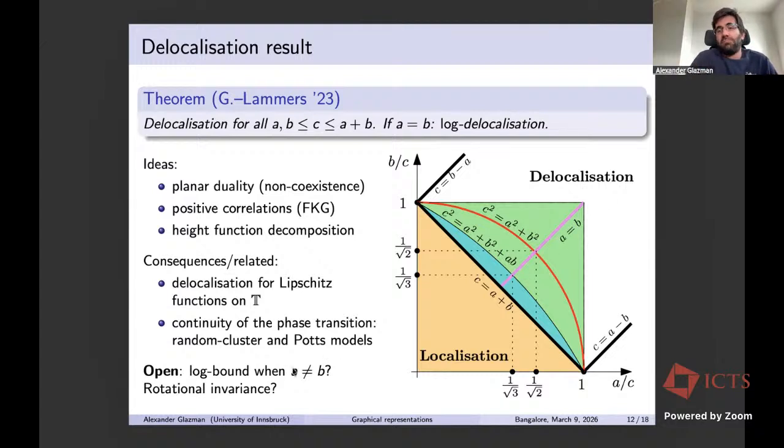And of course it is a very natural question to extend this rotation invariance proof from this region, which is in blue here, to the whole triangle. And there's a problem because it uses the random cluster model, which is not possible outside of this part. So hopefully some of the tools described in this talk can be useful, or not, for this kind of problem.